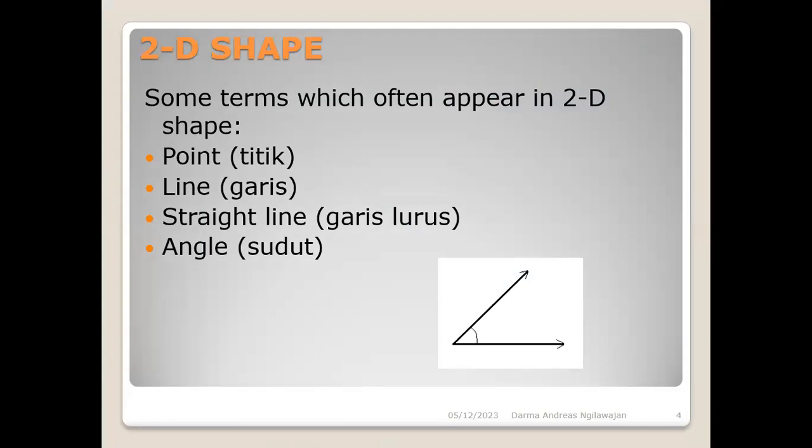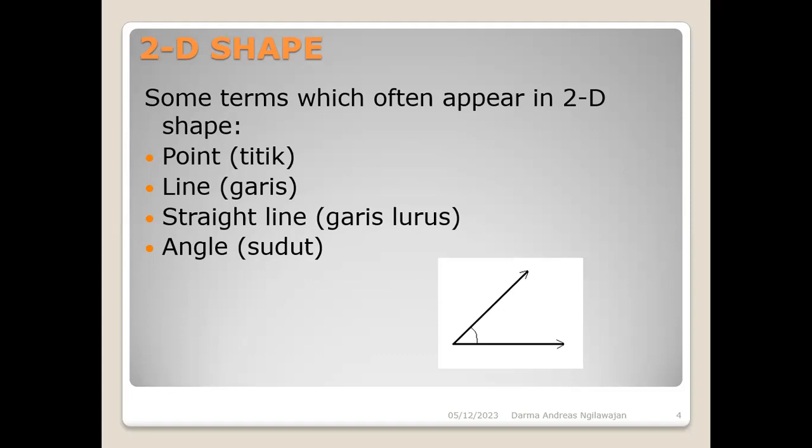Now we see some terms regarding 2D shape. Sekarang kita lihat beberapa istilah terkait geometri bidang datar. Some terms which often appear in 2D shape. First one, point. In bahasa, we call it titik.